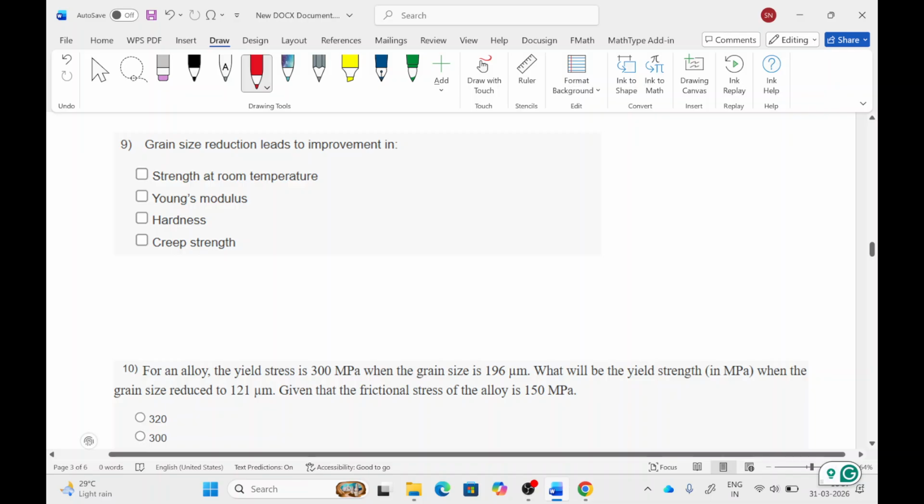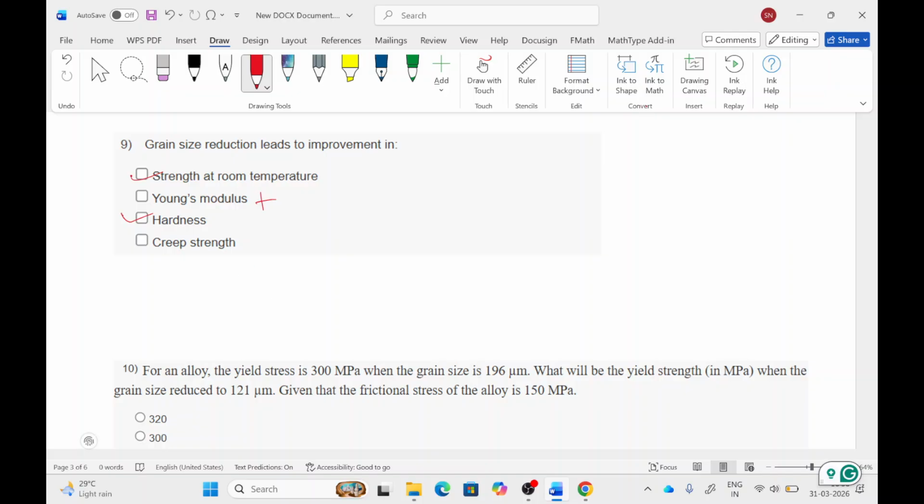The ninth question is, a grain size reduction leads to improvement in. So grain size affects which property of the material? Strength at room temperature and hardness. And Young's modulus is microstructure insensitive.